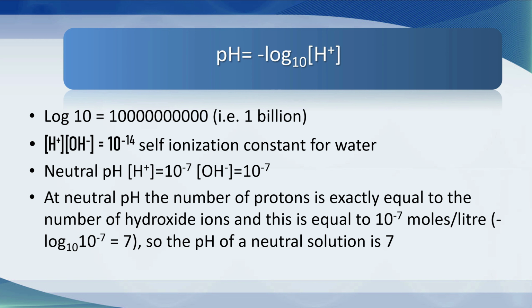So there is essentially 10 to the minus 7 hydrogen ions and 10 to the minus 7 hydroxyl ions. That's neutral pH. And at neutral pH, the number of protons is exactly equal to the number of hydroxide ions. And that neutral pH is 7 at 25 degrees Celsius.